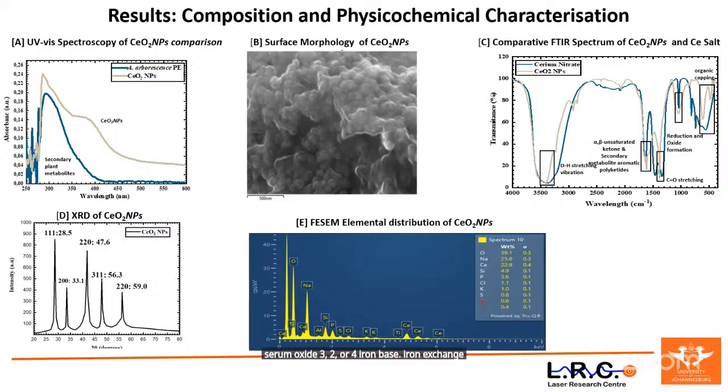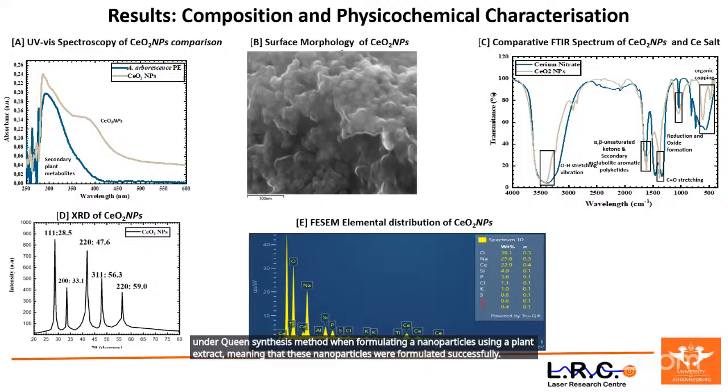Another thing worth noting, which is rarely found in cerium oxide nanoparticles, is the peak which showed the alpha and beta unsaturated ketones. This is mostly found under the green synthesis method, when formulating the nanoparticles using a plant extract, meaning that these nanoparticles were formulated successfully.